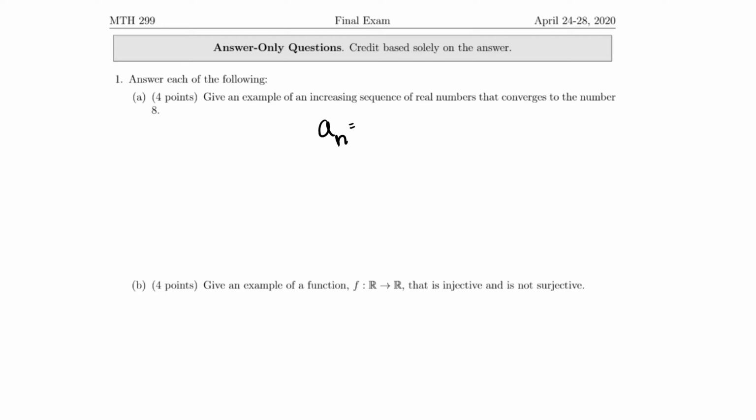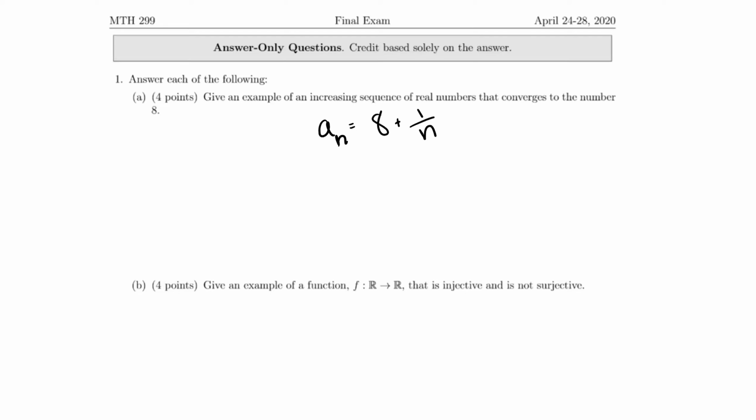Often what I think about is stuff that has to do with, so we want an 8 somewhere in here, right? And then probably a 1 over n. Because if we do 8 plus 1 over n, the 1 over n is going to go to 0. So this does converge to 8, but as n increases, it gets smaller.